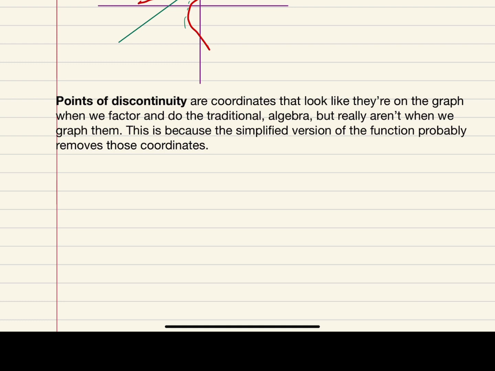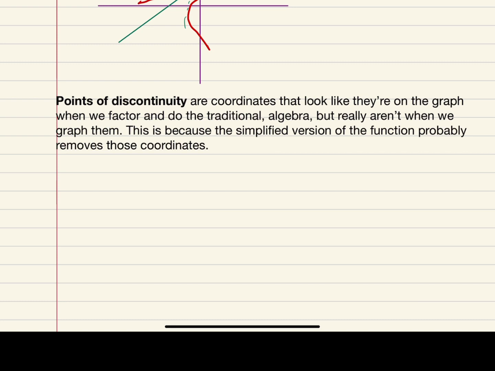So the reason why this happens, why our graphed function doesn't match the function that we've algebraically assessed, is that it probably got simplified from factoring and it removed those coordinates.